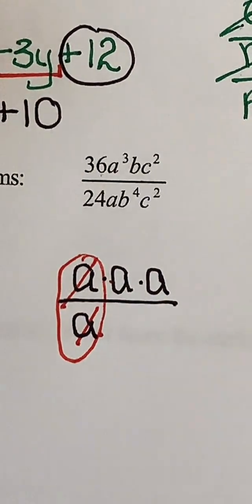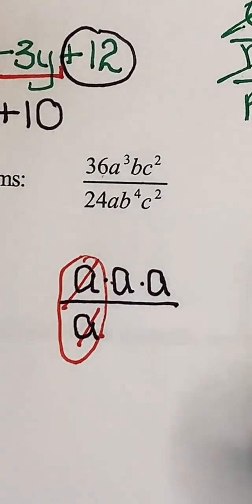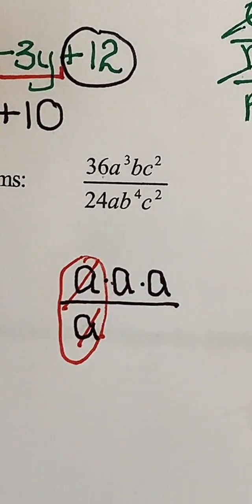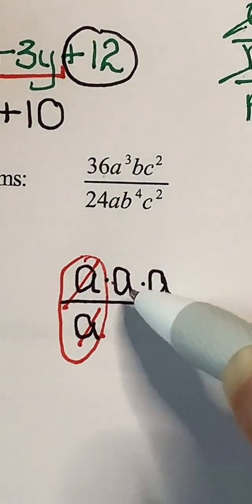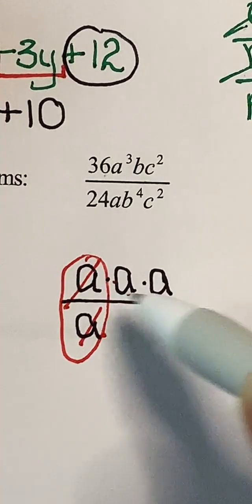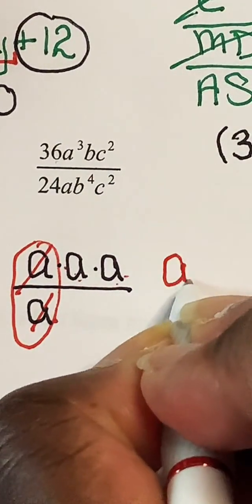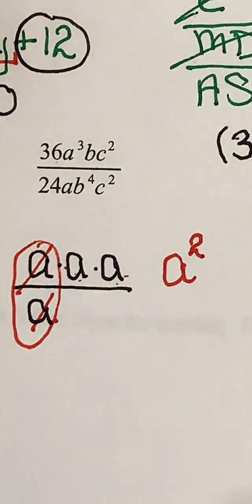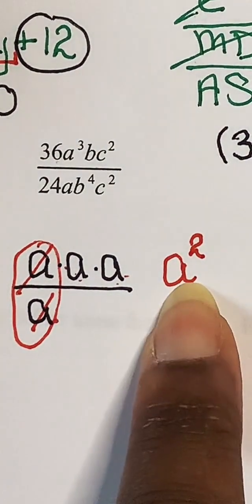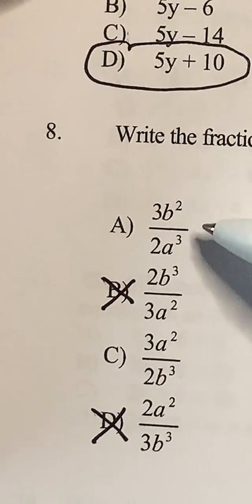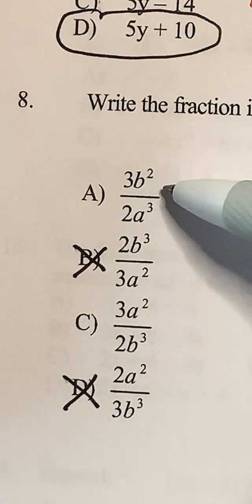So what happens is you compare them up and cross them out, because anything divided by itself is 1. Think about it. 3 divided by 3, 1. 2 divided by 2, 1. 168 divided by 168, 1. How many a's are left in the numerator?